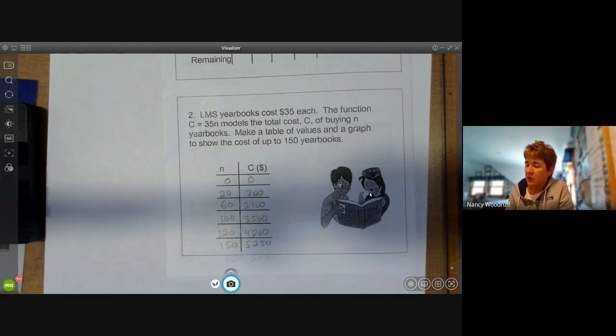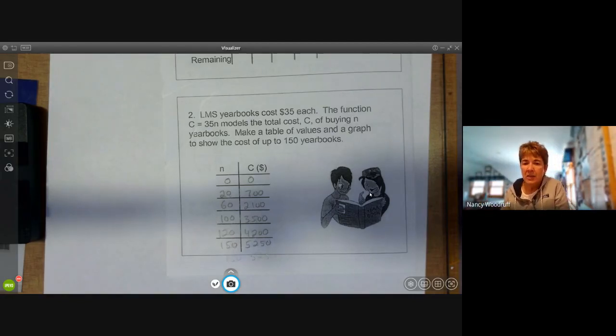You want to make sure that your scales fit the data, and you want to make sure that they're even, and I don't mean 2, 4, 6, 8 even. I mean that each block counts for the same amount going along the x-axis, and when you pick the scale for the y-axis, you don't go like 1,000, 3,000, 8,000, 10,000. Every block has to be the same amount.